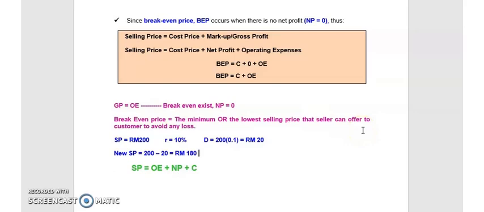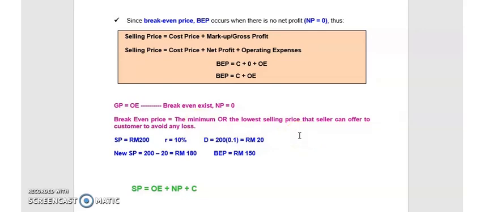Now let's say in this case, I know that my break-even price is 150 ringgit. So look back, what is break-even price? It is the minimum selling price that we can offer to customers to avoid any loss.